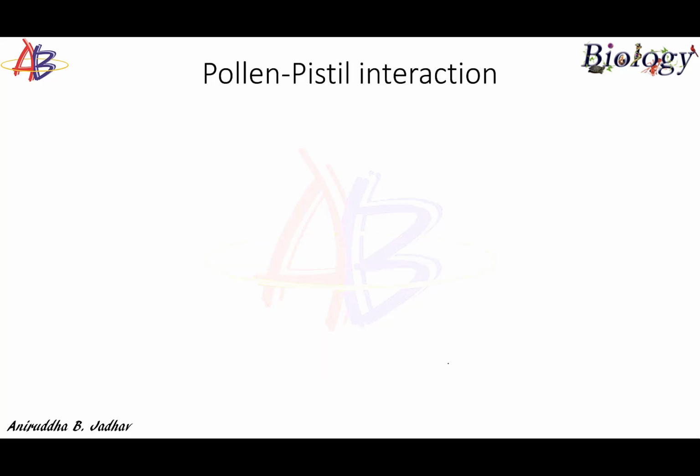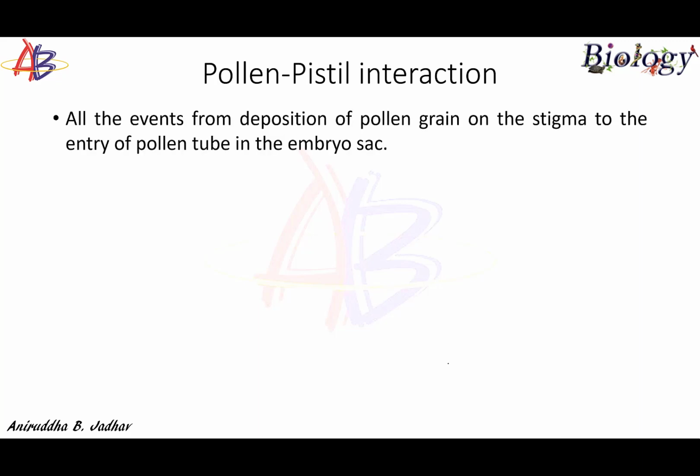Now the next part, which is very important, is pollen pistil interaction. All the events from deposition of pollen grain on the stigma to the entry of pollen tube into the embryo sac are referred to as pollen pistil interaction.